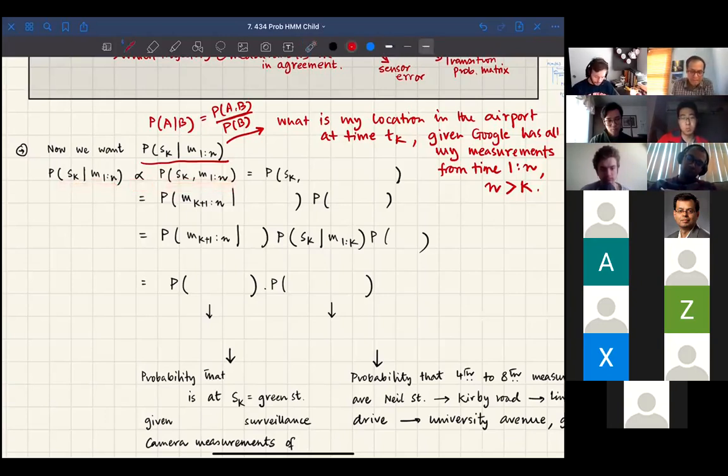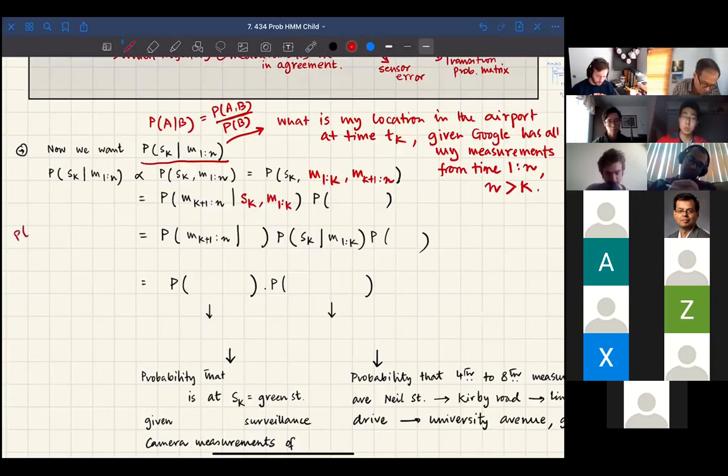Then I can write this as Sk comma M1 through k comma Mk plus 1 through n. That I can easily write, right? Now this one, I'm going to write as M of k plus 1 through n given Sk comma M1 through k. What am I doing?